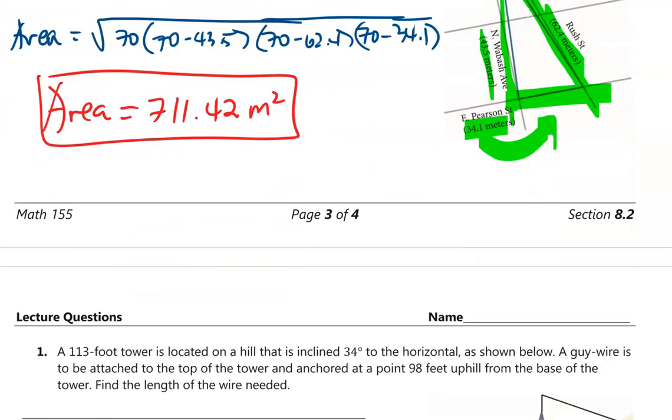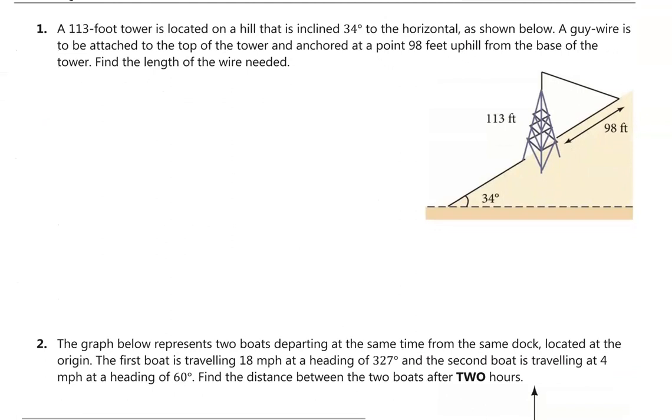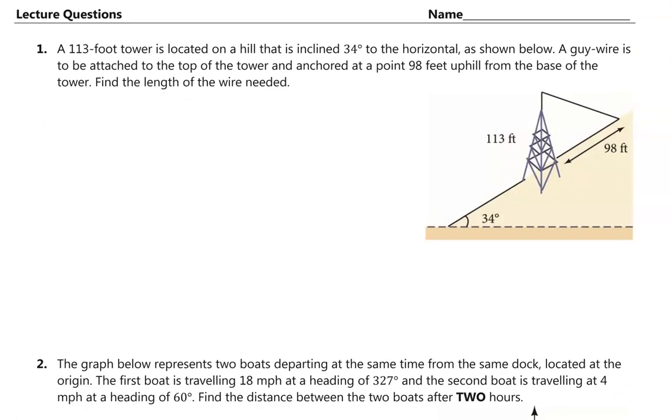Okay, next let's work on our lecture questions. And the first problem, a 113-foot tower is located on a hill that is inclined 34 degrees, so this angle here, to the horizontal as shown below. A guide wire is to be attached to the top of the tower and anchored at a point 98 feet uphill from the base of the tower.